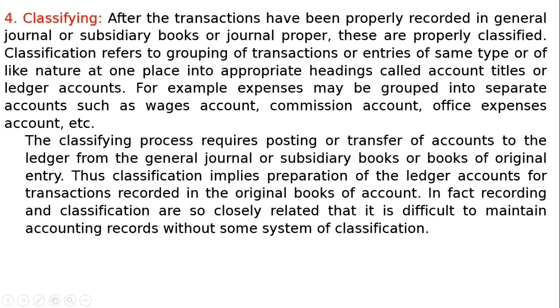Classification refers to grouping of transactions or entries of same type or of like nature at one place into appropriate headings called account titles or ledger accounts. For example, expenses may be grouped into separate accounts such as wages account, commission account, office expenses account, etc.